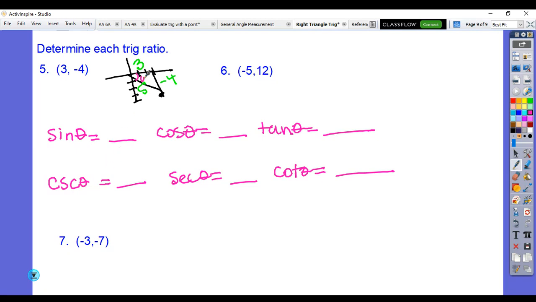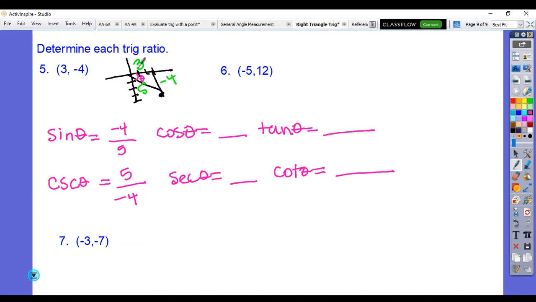Now, here's my angle. It's always connected to the origin. If you like SOHCAHTOA, it still works with this, but it's also good to understand the x, y, r. So opposite, or y, is -4 over the hypotenuse 5. Then just flip it for cosecant.